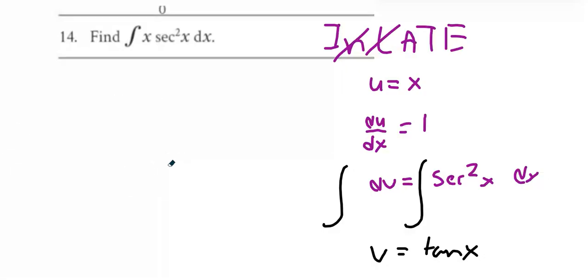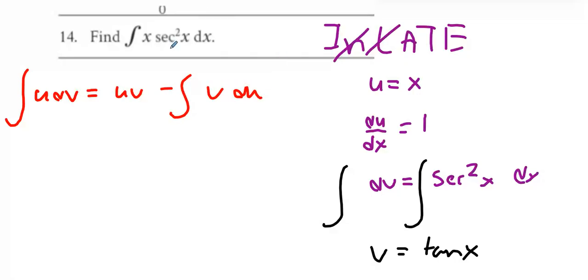Okay, we all good so far. Now, what's the rule? u dv is uv minus the integral of v du.